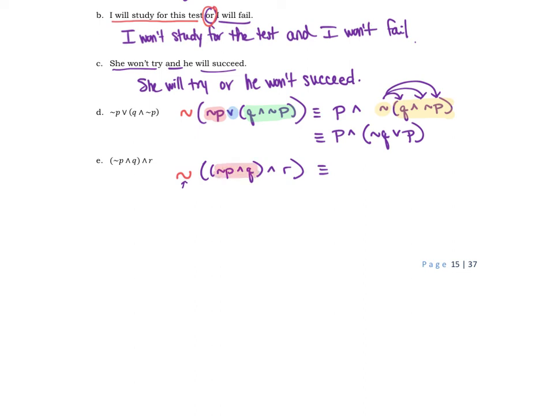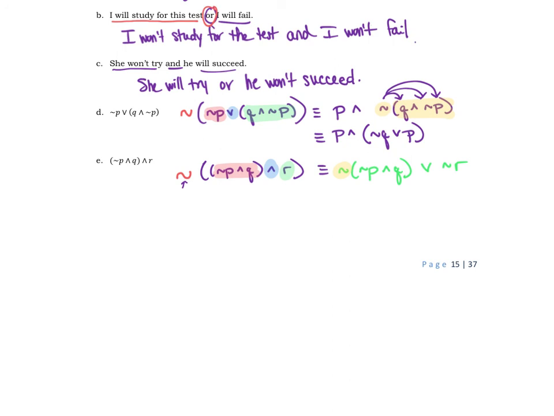So here's part one, there's part two, there's part three. First, apply the negation. So we've got the negation of, sorry, that should be a not P and Q. The and changes to an or, and then we apply the negation to the R. And now we're going to apply this negation to the things in parentheses.